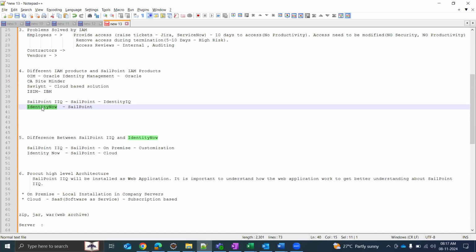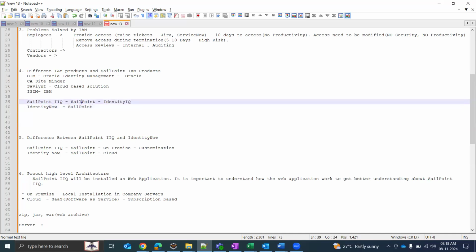You do the configurations on the cloud itself, and you use it. Here you will not manage any servers, install or maintain the product, or do patching or anything. Everything is taken care of by SailPoint, but you just access the application, do the configurations, and implement it for your organization. This is the major difference between SailPoint IIQ and SailPoint Identity Now.